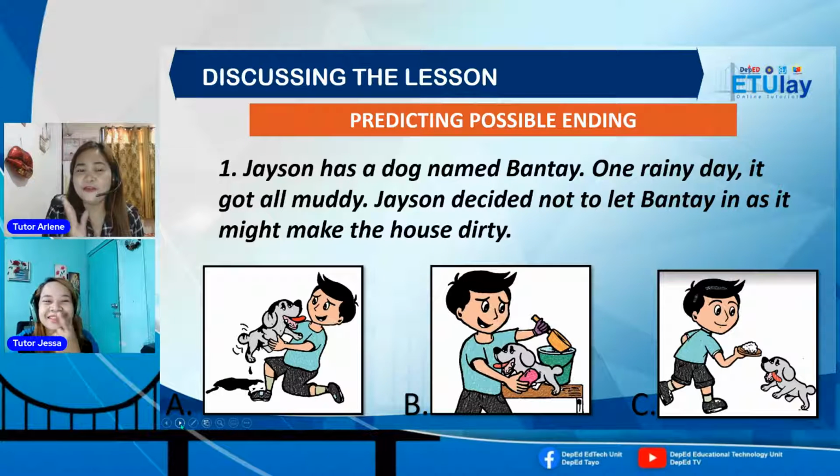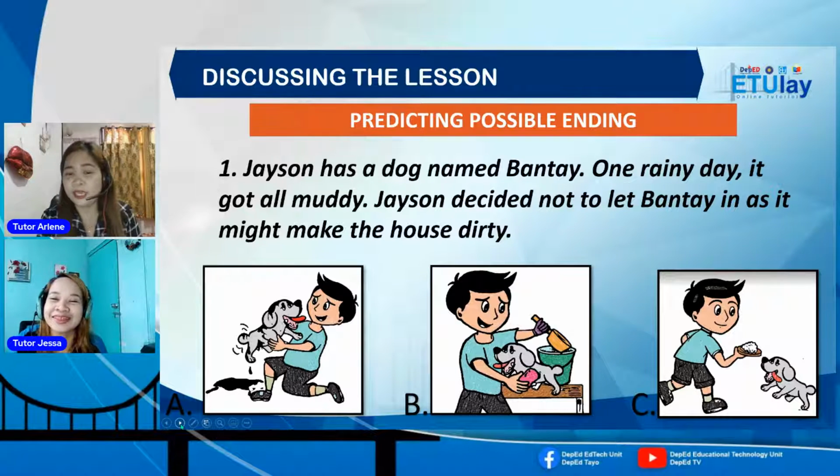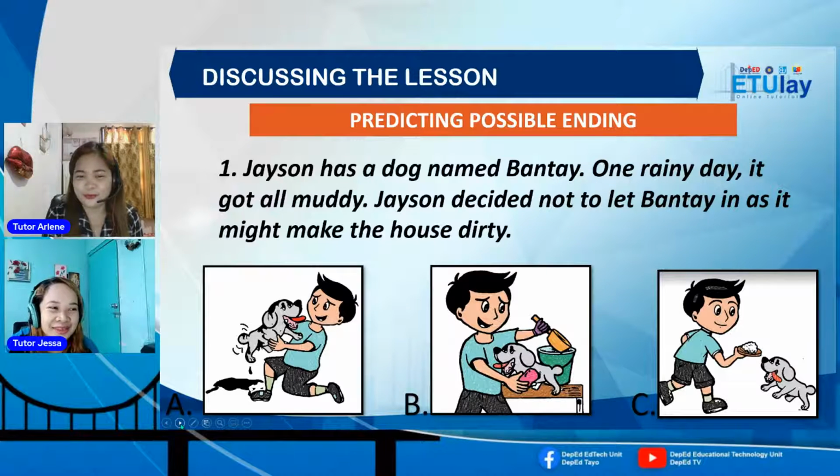So, kids, for number one, we have the choices, the picture A, picture B, and picture C. So, alin kaya dyan ang ating tamang sagot? Ayan, meron namang nagsasagot, Tutor Jessa.